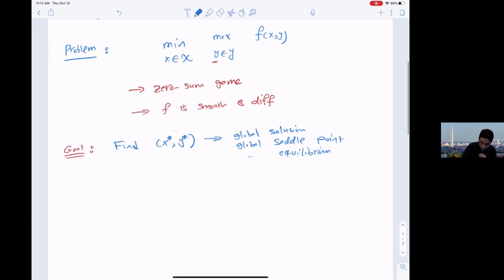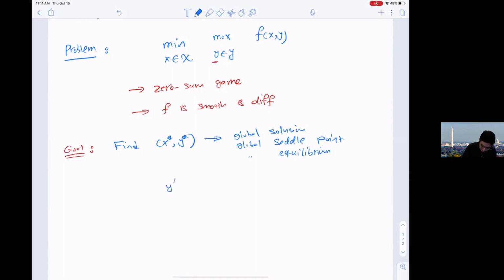Okay, so what are the properties of this global solution that I want to have? I want the y player, the max player, y star, to be optimal with respect to all other values of y if I plug x star into my objective function.